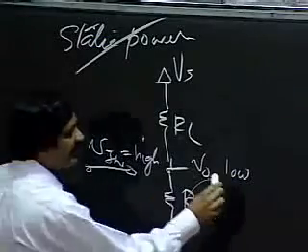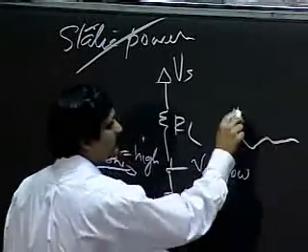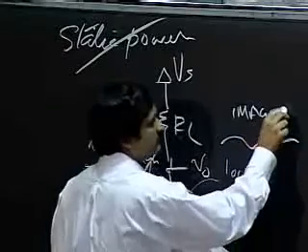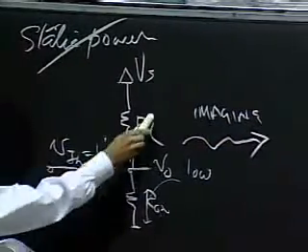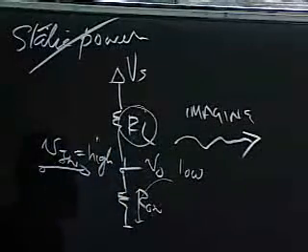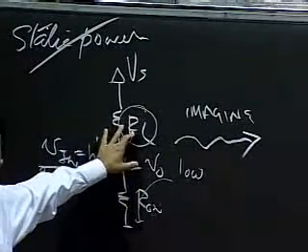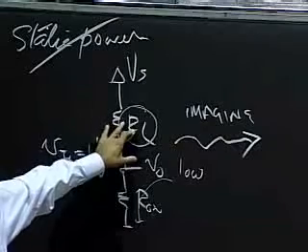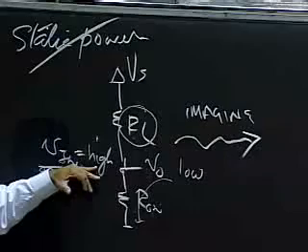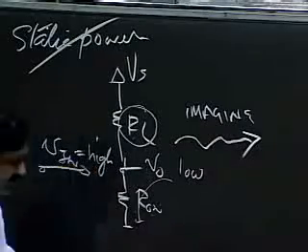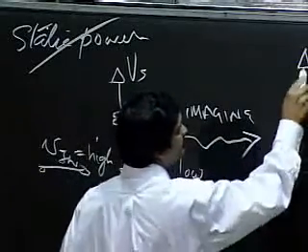The insight here is, imagine if I could do the following. Imagine if I could somehow magically elevate RL to be a very, very large number, so high as to make the power really low, in the situation when the input was high.